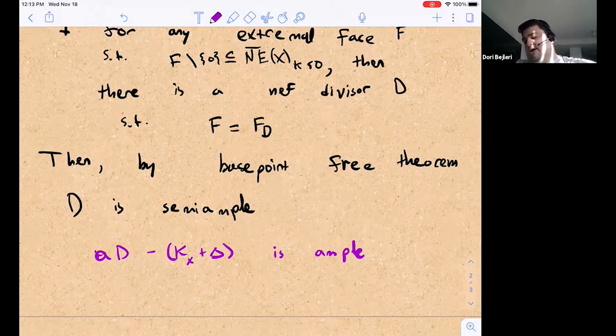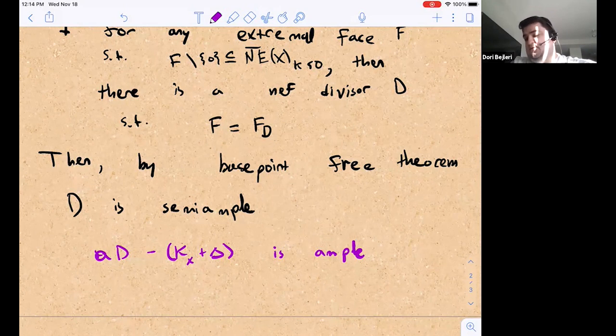So when we subtract K plus delta, then that portion intersects positively on F, but D intersects 0 on F. So AD minus (K_X plus delta) is strictly positive on F. But then if we move away from F, D is not 0 anymore.